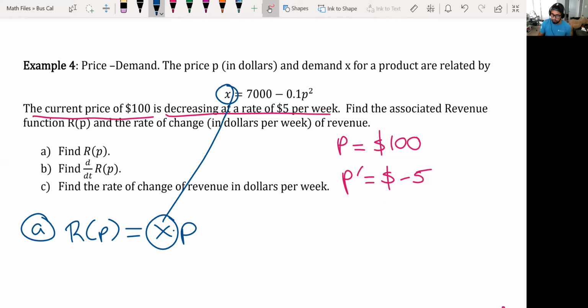So X equals all this information, which means that we're going to take 7,000 minus 0.1 P squared and plug it in for X, because X contains all that information.